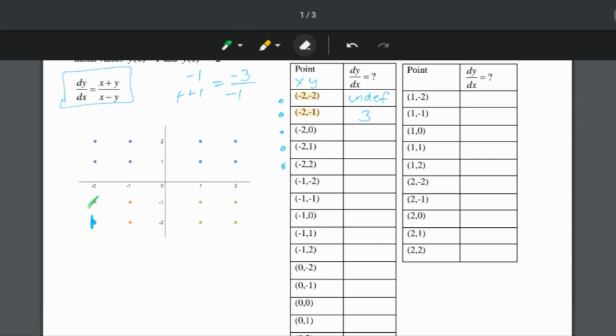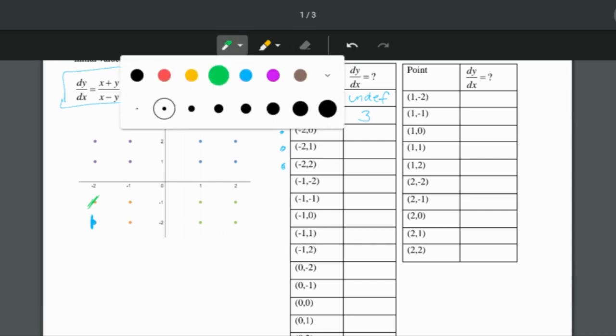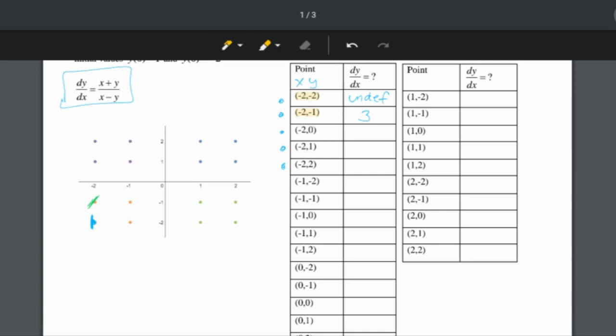Let's do the next point. Again, very tedious, but not too difficult. You could probably start to do these in your head a little bit. For the next point, -2, 0, if we add our x and y, we get -2. If we subtract them, -2 minus 0 is -2. Divide that, and you get +1.